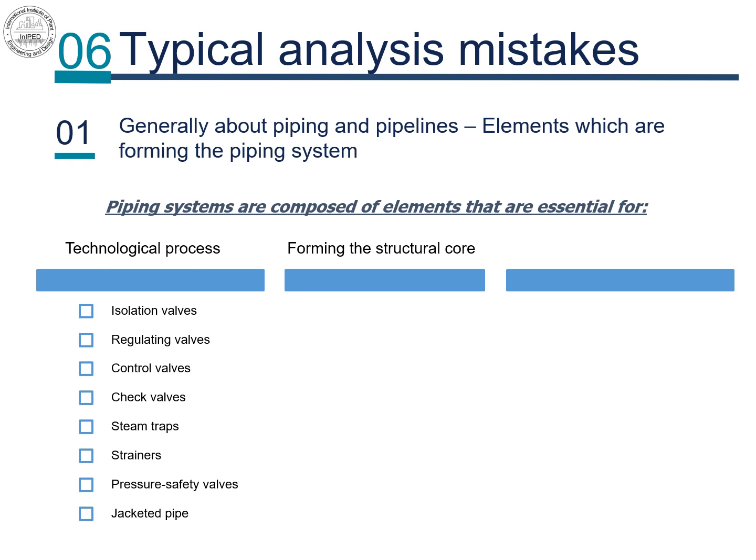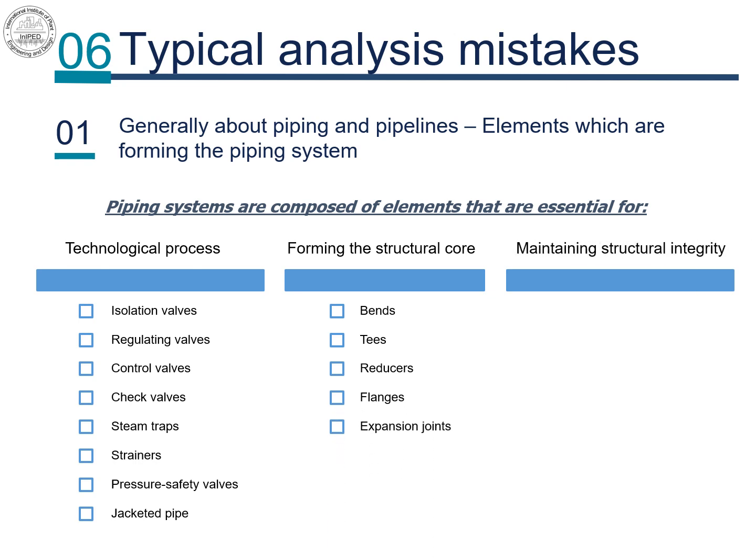For example, bends, tees, reducers, flanges, expansion joints, etc. And elements for maintaining the structural integrity by controlling stress and design life expectancy of the piping and pipeline. For example, supporting and restraining systems.